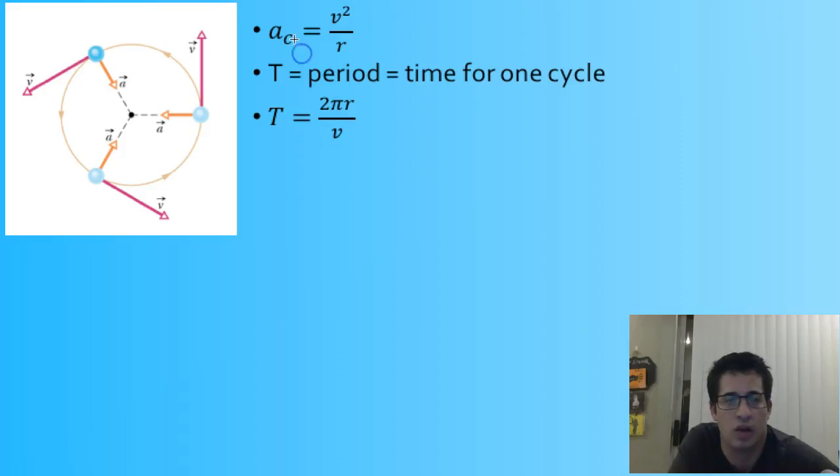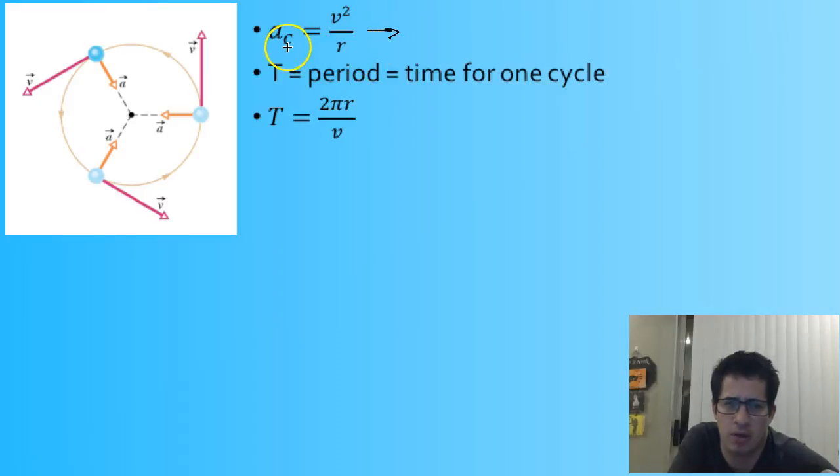We can calculate centripetal acceleration by taking the velocity and squaring it, and dividing it by the radius. Now I'm not going to derive this equation for you. There is a derivation in the book if you want to look at it. Most equations I will derive, but we're not going to do this one.